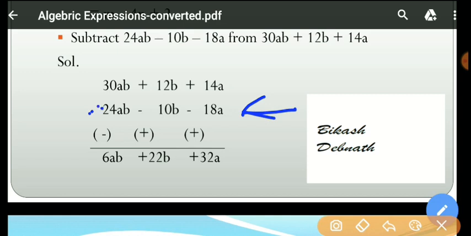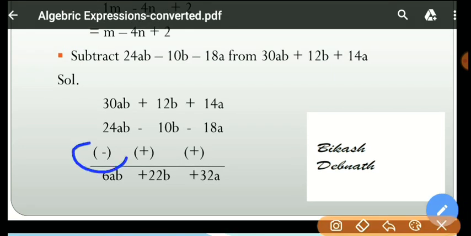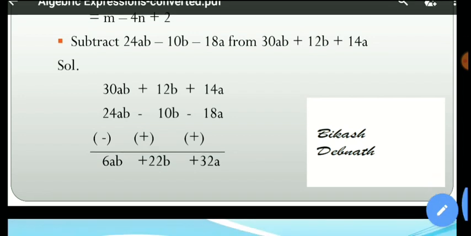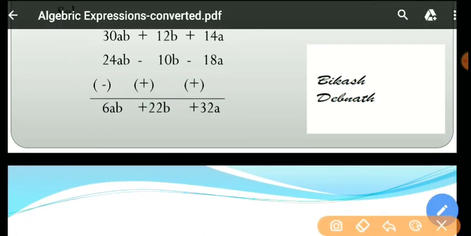Plus. There is no sign, that means plus. But we will think that there is minus. Before this 10b, what sign is present here? Minus. But we will think plus. Before this 18, what sign is there? Minus. But we will think plus. Clear?